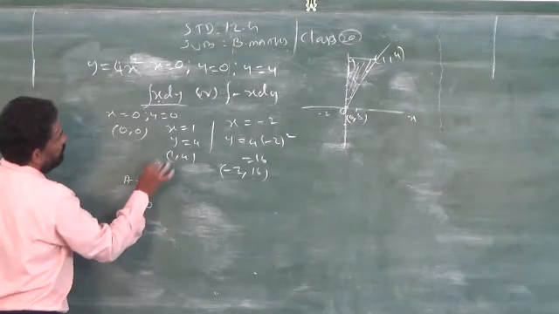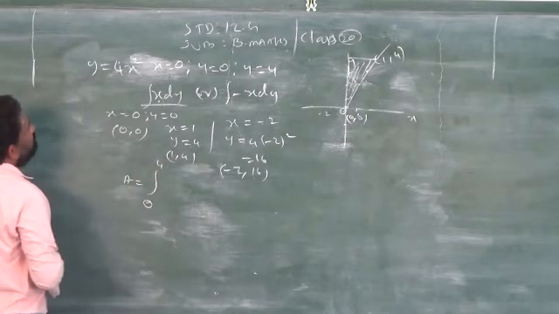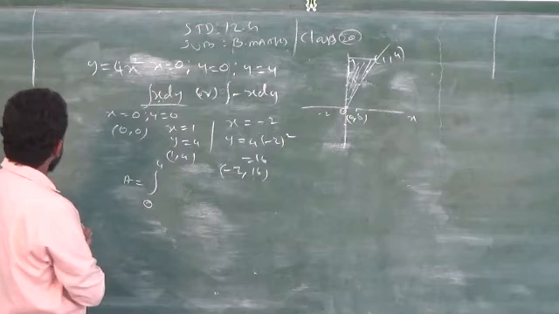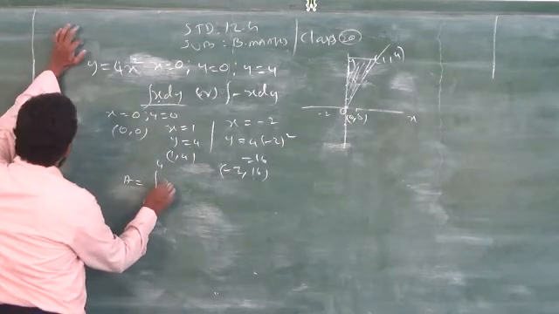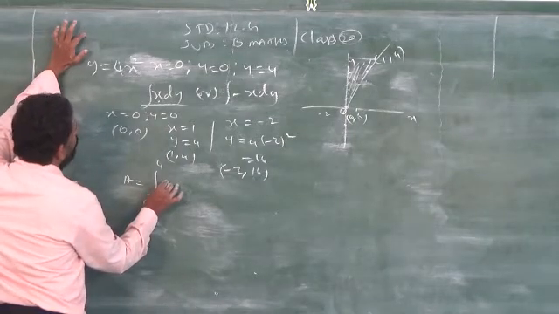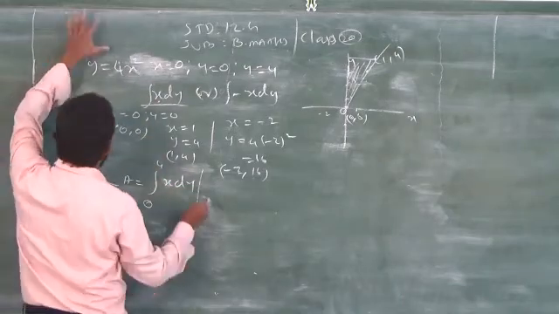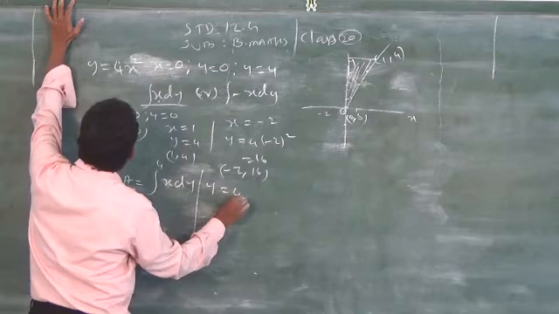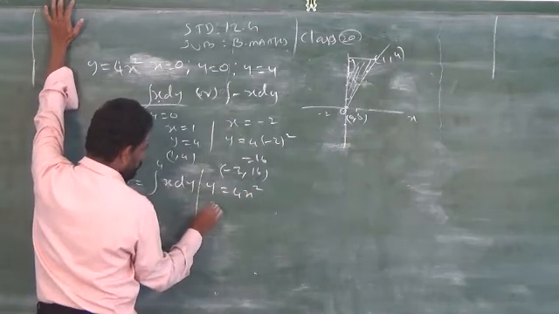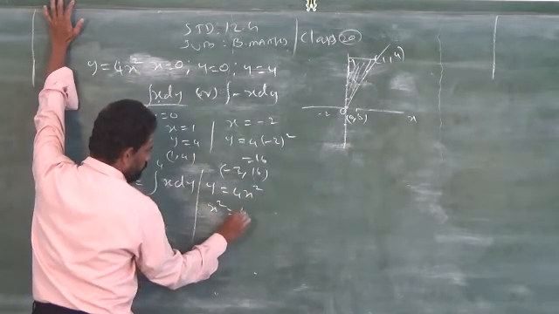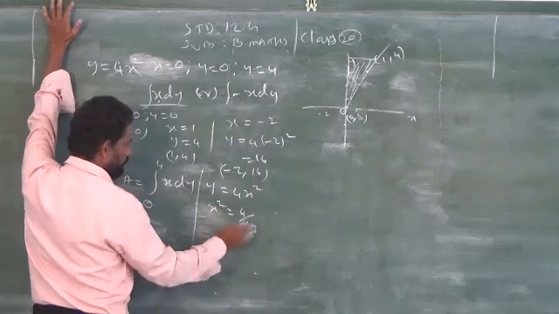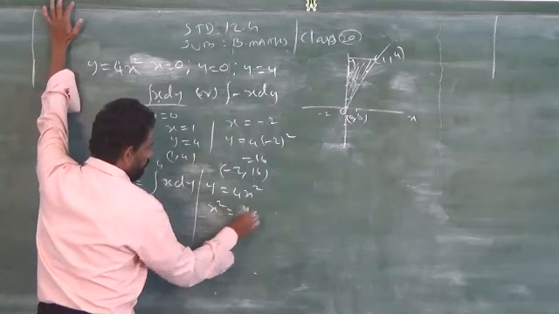Limits are given as 0 to 4. Then integral of x dy. First you have to find out what x is from the question. So x square is equal to y by 4.